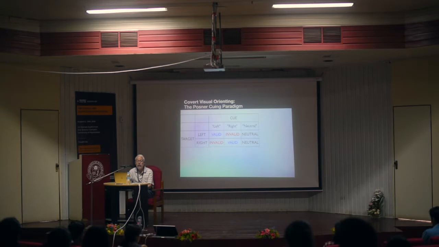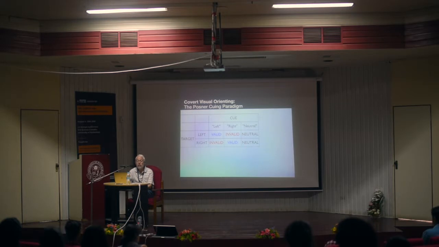And when they mismatch, we refer to them as invalid, and then we might have a neutral condition. Some experiments don't have neutral conditions, where the cue, if it were peripheral, is not in a peripheral location, or some people use cues in both peripheral locations. Or if it was central, it didn't give any information about where the target might be.